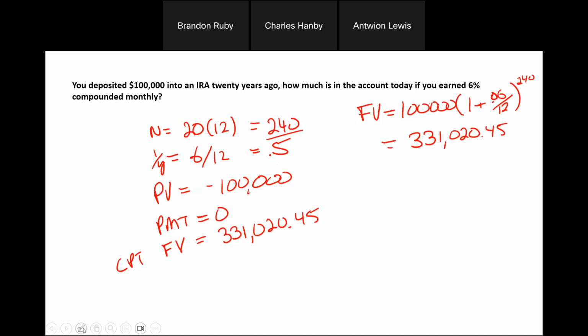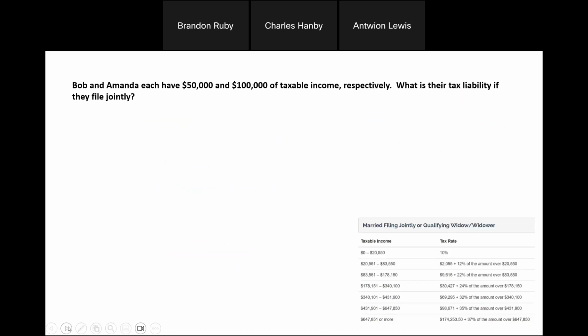All right, so next is a tax liability calculation. This is a married filing jointly calculation, so you want to go to the tax rate schedule that says married filing jointly. Also qualifying widower.